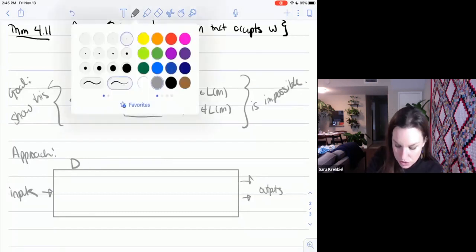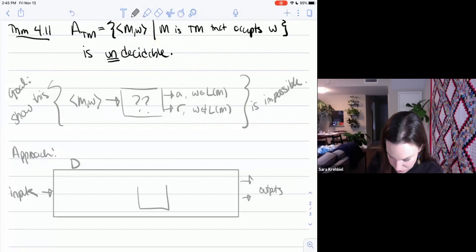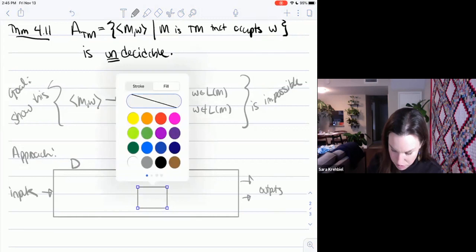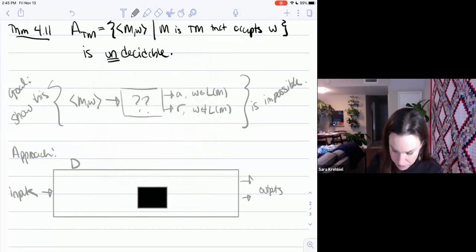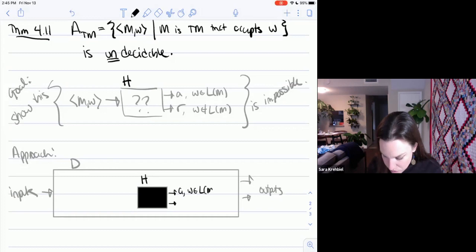And on the inside, this guy is going to be what I draw as a black box, where I take my machine H, which is allegedly deciding the A_TM problem. And if it's deciding the A_TM problem, then these are going to be the outputs when I pass in M and W.